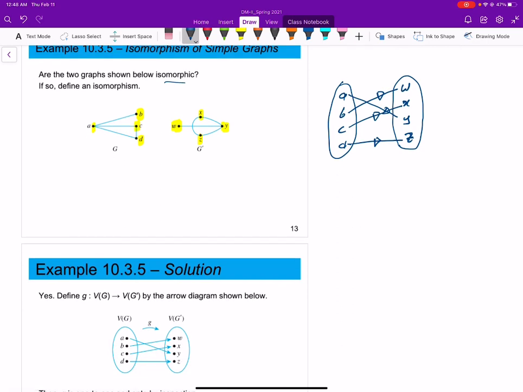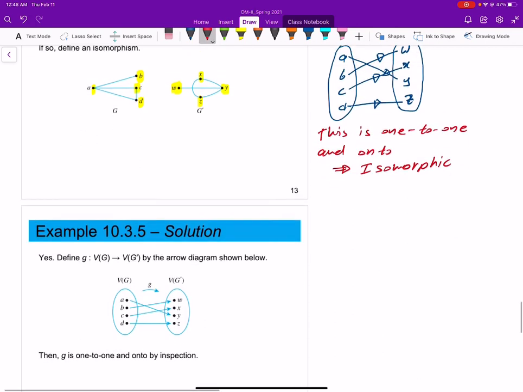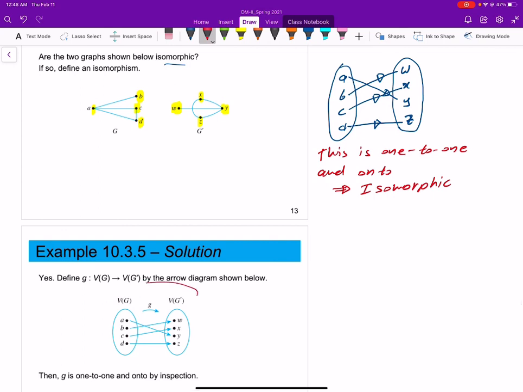Now you can see this is one to one and onto. That means isomorphic. Okay, they are isomorphic. So I just have the same function here.